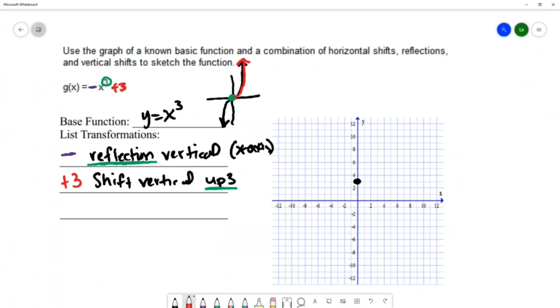It will make it reflect down. And this portion that is down, the reflection will make it go up. So that gives us a sketch of our graph of g of x equals negative x cubed plus 3. So that gave us our basic graph reflected vertically and shifted up 3.